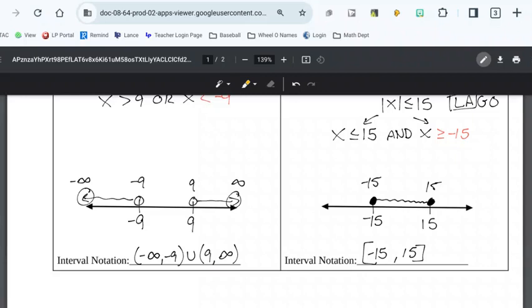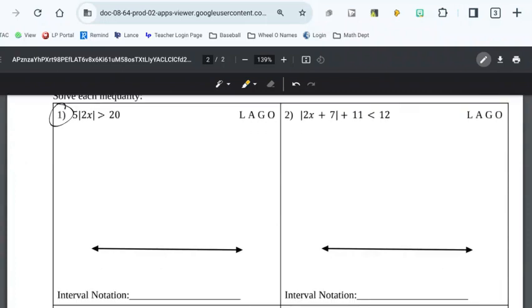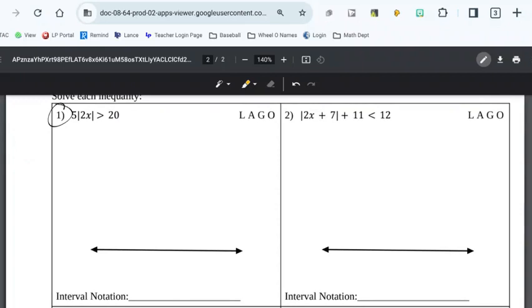All right, let's go ahead and jump to some more examples on the next page. Okay, we're going to do 3 of these together. So number 1, the absolute value is not isolated, so we need to divide by 5 on both sides. This gives us the absolute value of 2x is greater than 4. It is now isolated, so we can look to LAGO. And it's greater than, so it's an OR problem.